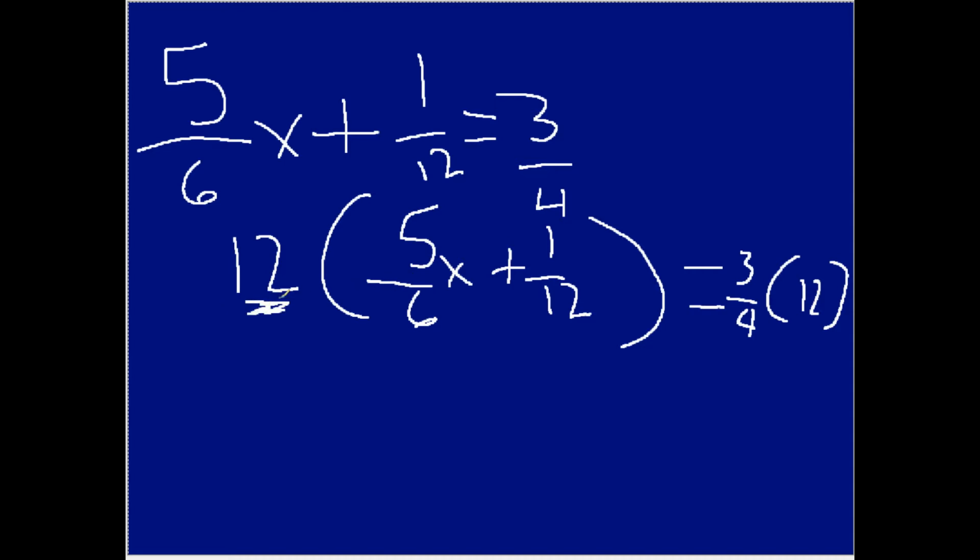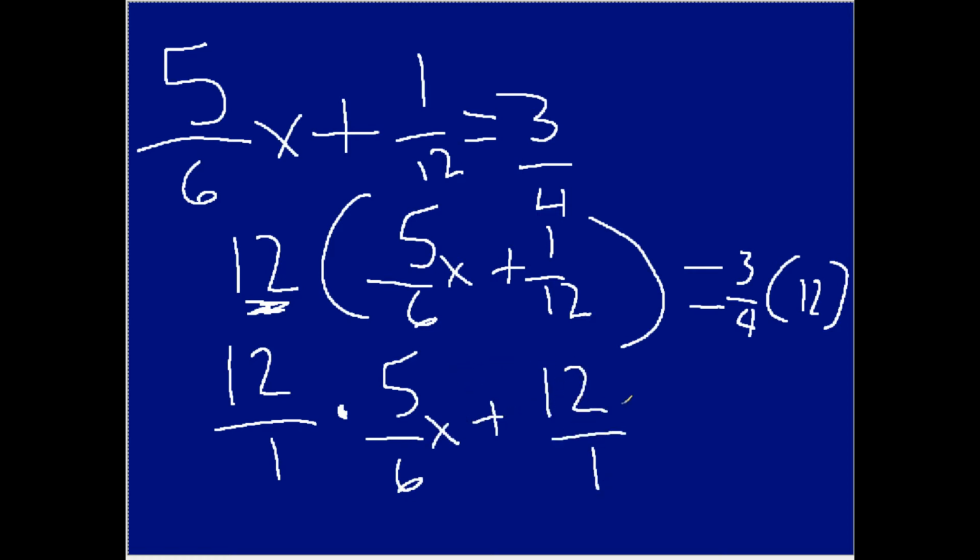What we end up with is 12. I like to write it as a fraction just to make it consistent in my mind: 12 over 1 times 5 over 6x plus 12 over 1 times 1 over 12. And then we have 12 over 1 times 3 over 4.